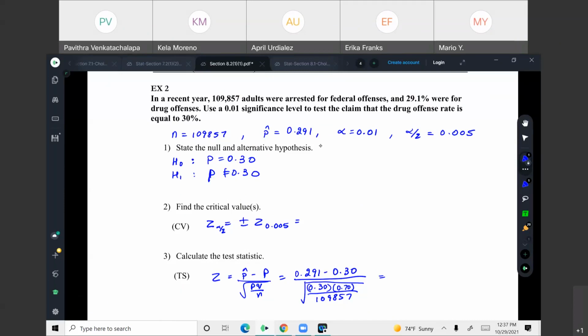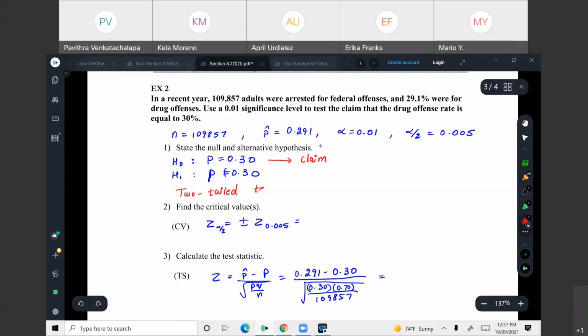Null, right? So this is your claim. And what should be the type of test? Two-tailed test. And you have to calculate z alpha by 2 because it is a two-tailed test, and you will be having two values, plus or minus.